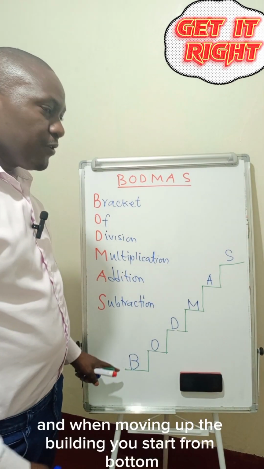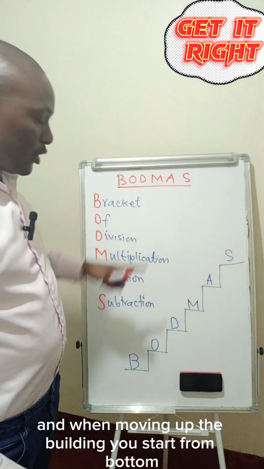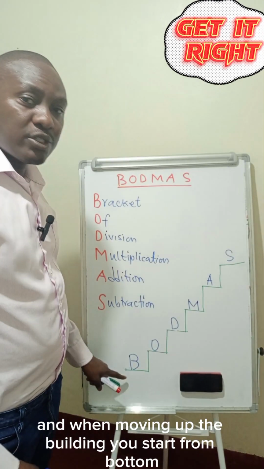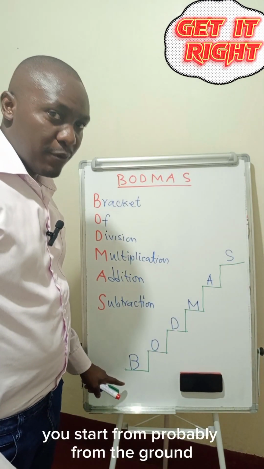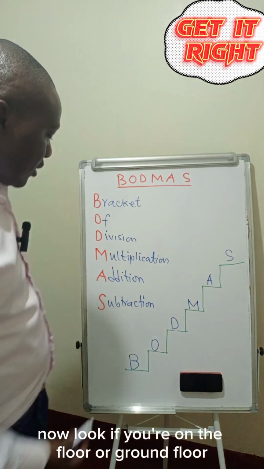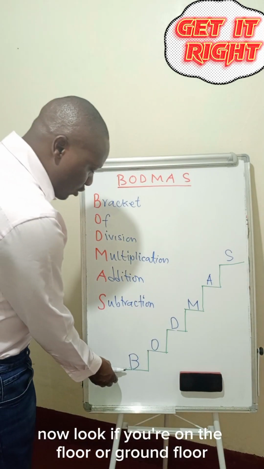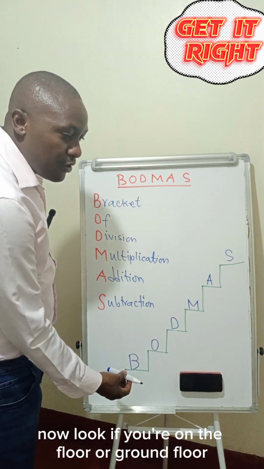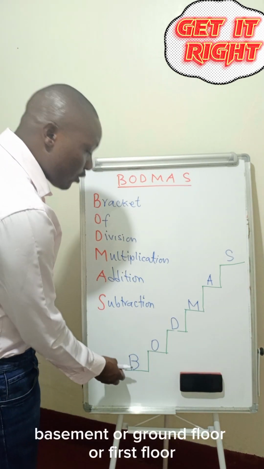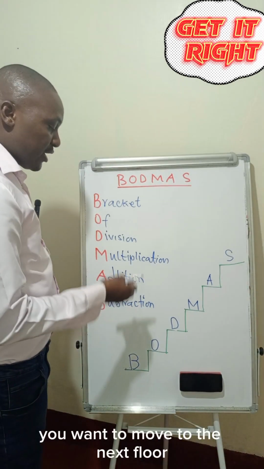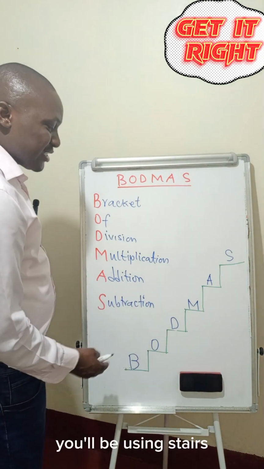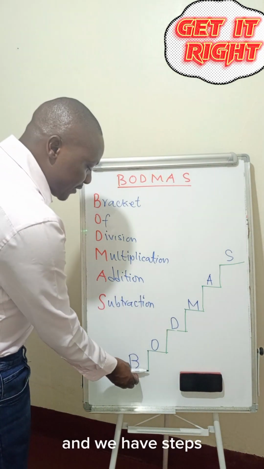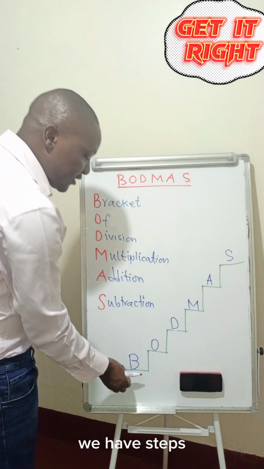And when moving up the building, you start from the bottom, probably from the ground. If you're on the ground floor, you want to move to the next floor, you'll be using stairs. And we have steps in this staircase.